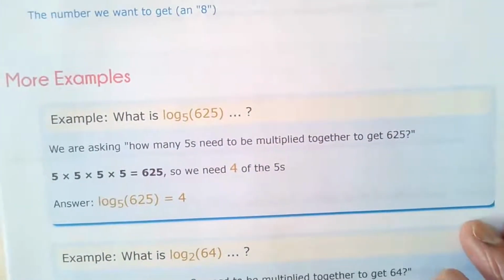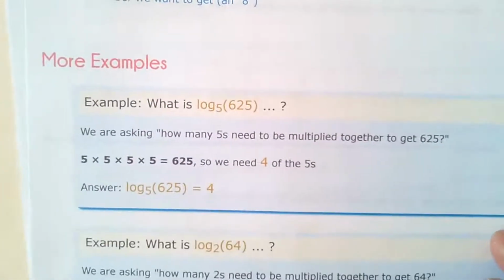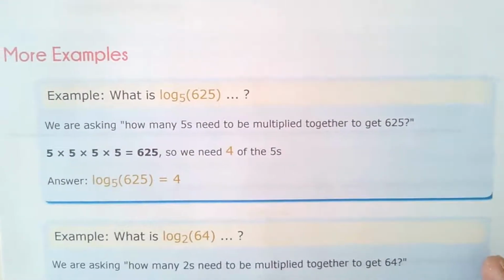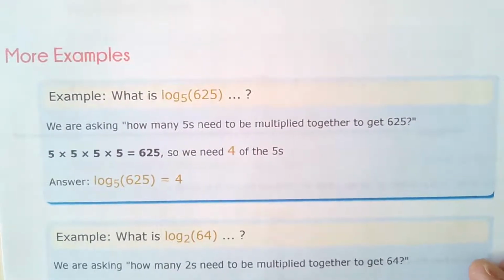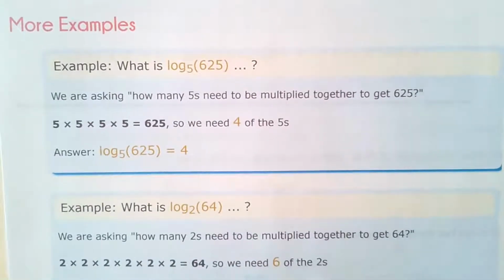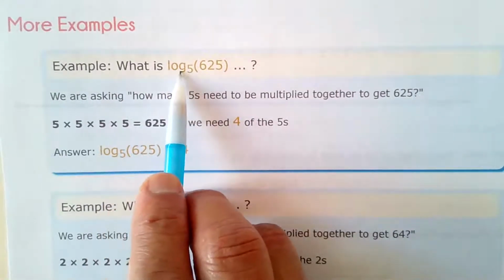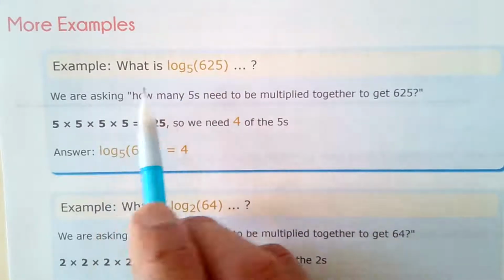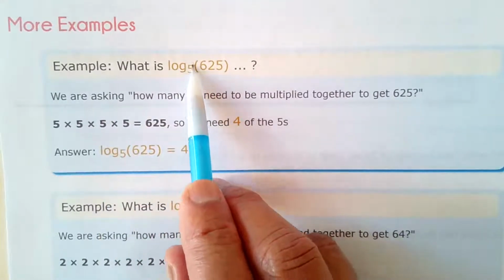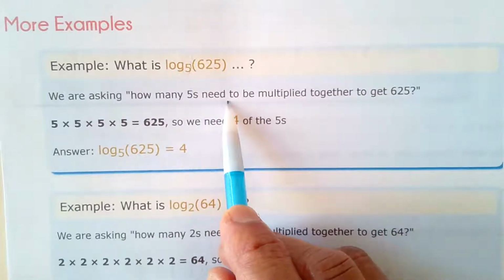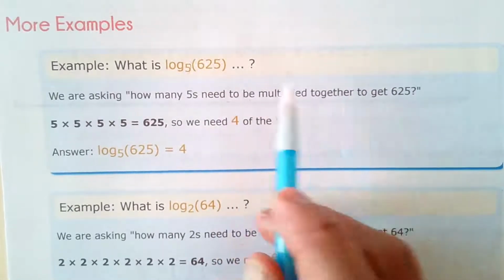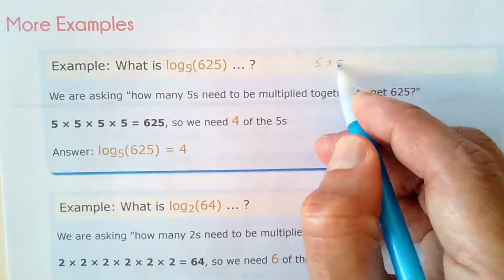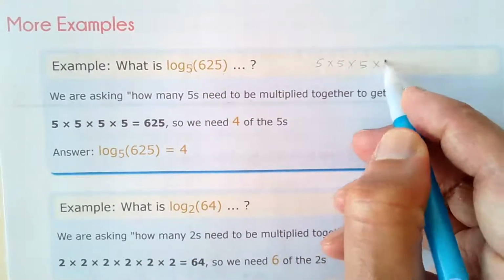Let's look at another example here. What is log base 5 of 625? We're asking how many 5s we need to multiply to get 625. So we have 5 times 5 times 5 times 5.